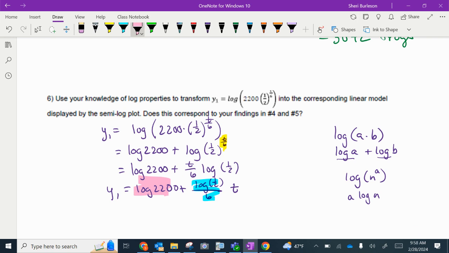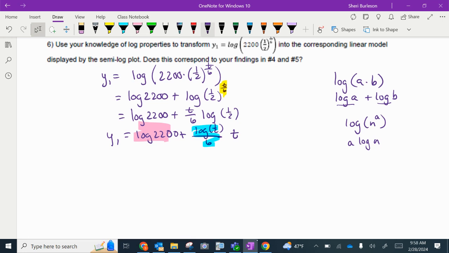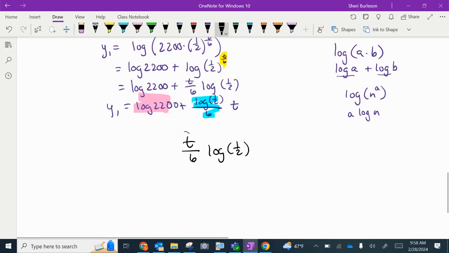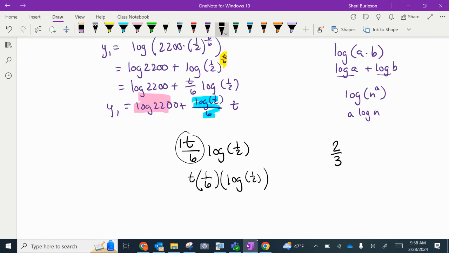Caitlin, why is the t outside? Because basically what I did, let's just look at that. I have t over 6 times the log of 1/2, right? This is just t times 1 over 6 times the log of 1/2, because t over 6 is t multiplied by 1/6, just like 2/3 is 2 times 1/3.